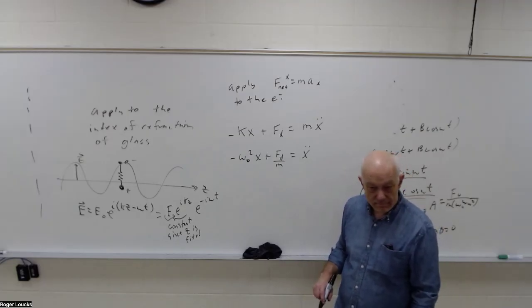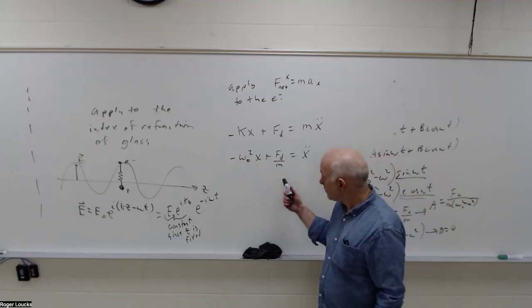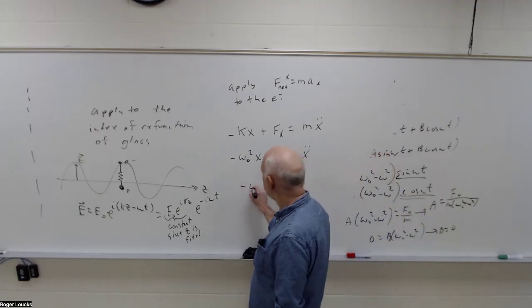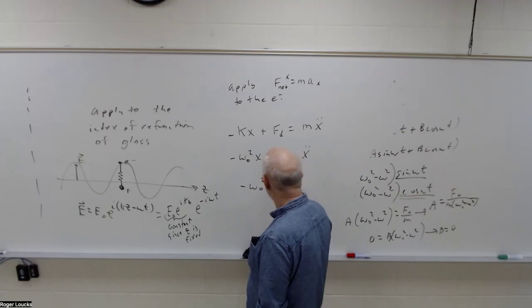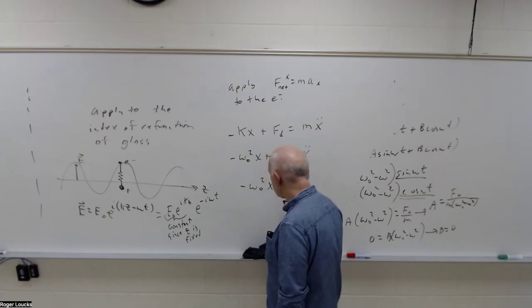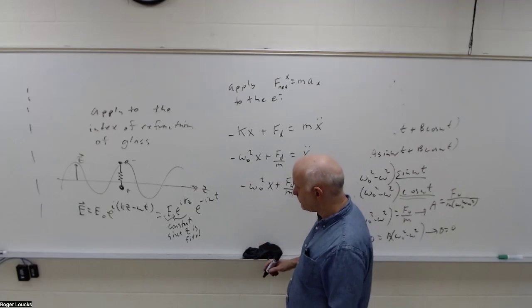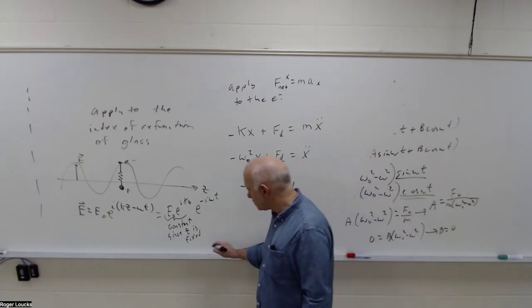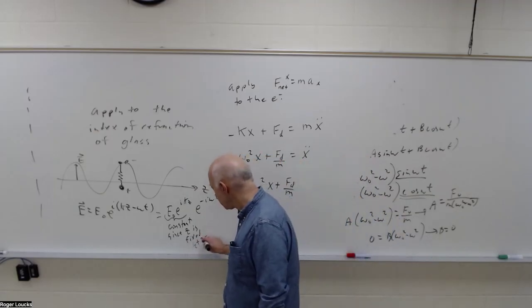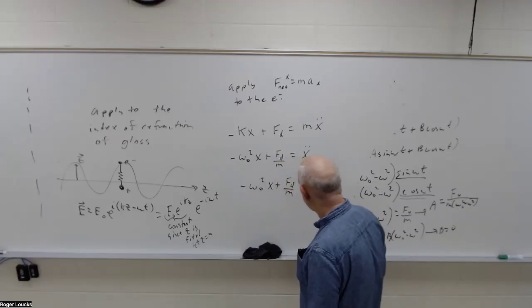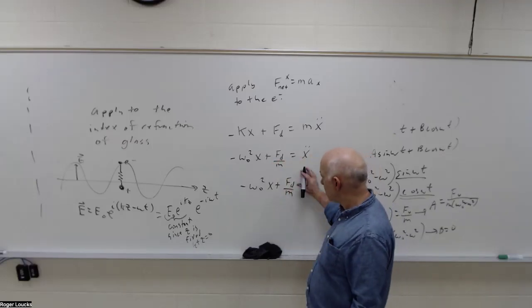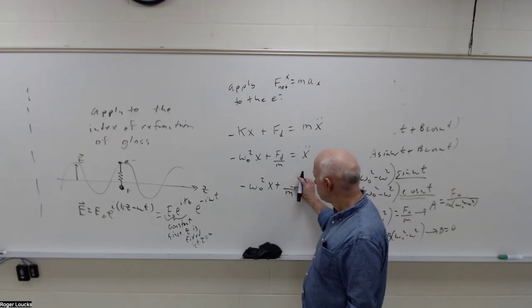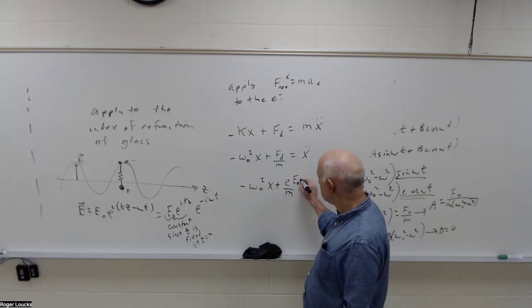If I put this in here, let Z equal 0, I'm sorry, let Z equal 0, to kill this piece here. So this just becomes my E, my E naught e to the minus i omega t.